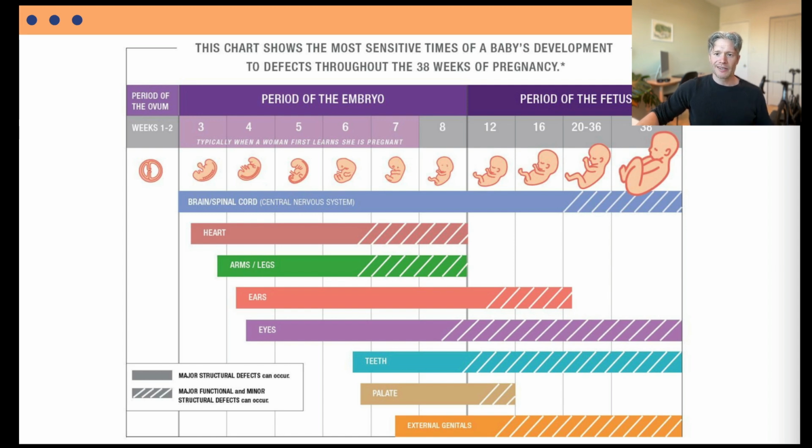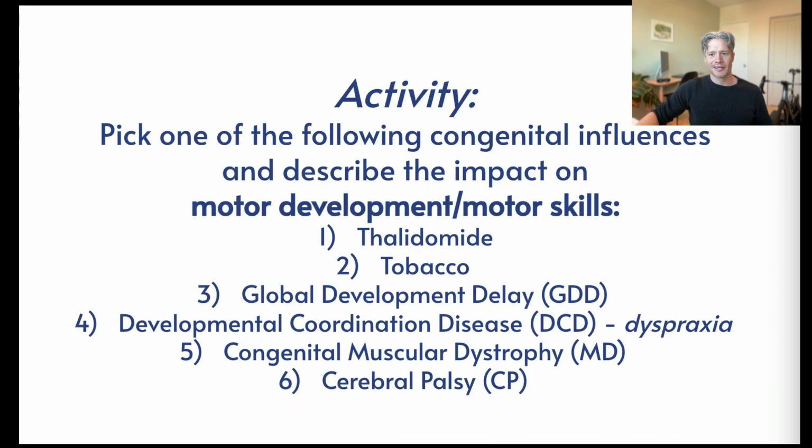Okay, so last stop here as far as different conditions that come up. I'm going to suggest that you take a peek into some of these other things that might affect motor development or motor skills if and when they occur prenatally or perinatally, so during birth or delivery. But the main thing I want to give you a little bit of background on is thalidomide.